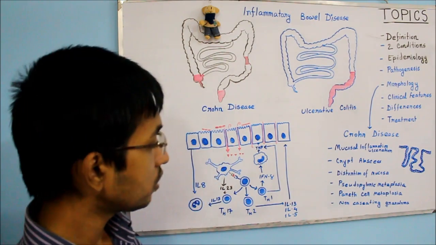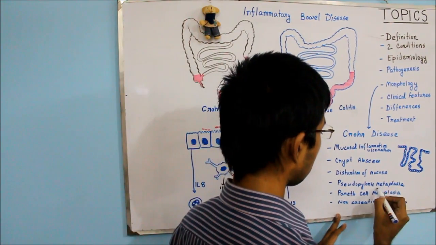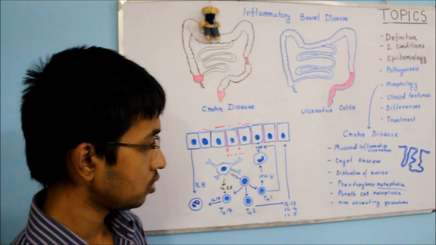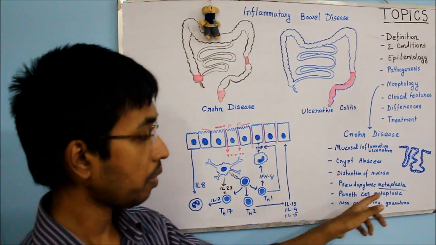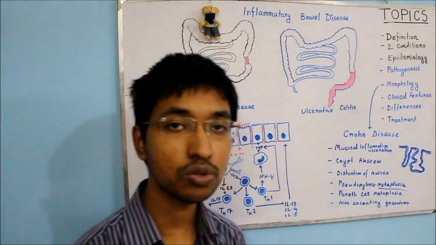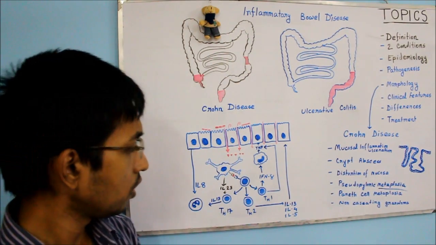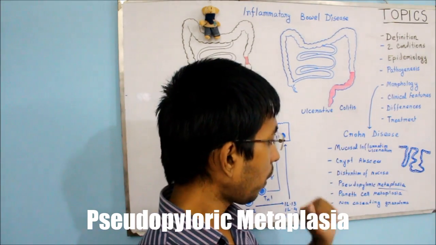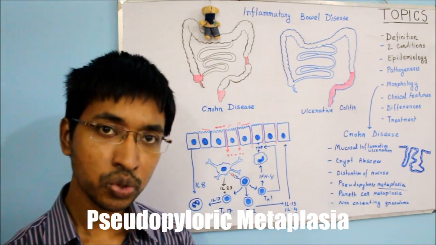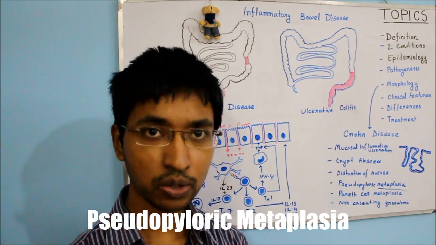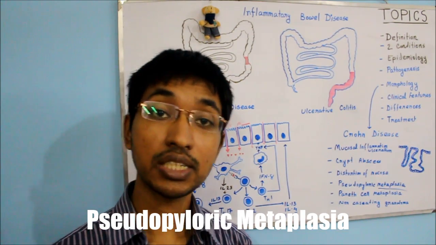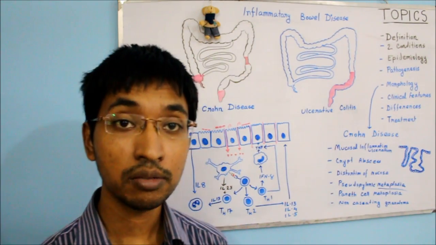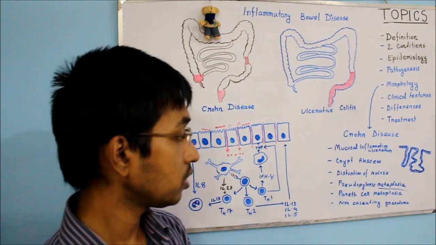We will also see different types of metaplasia in Crohn's disease, for example, pseudopyloric metaplasia and Paneth cell metaplasia. Now what do they mean? Well, in pseudopyloric metaplasia we will see some cells that are normally present not in the intestine but in the stomach, in the pyloric antrum of the stomach.